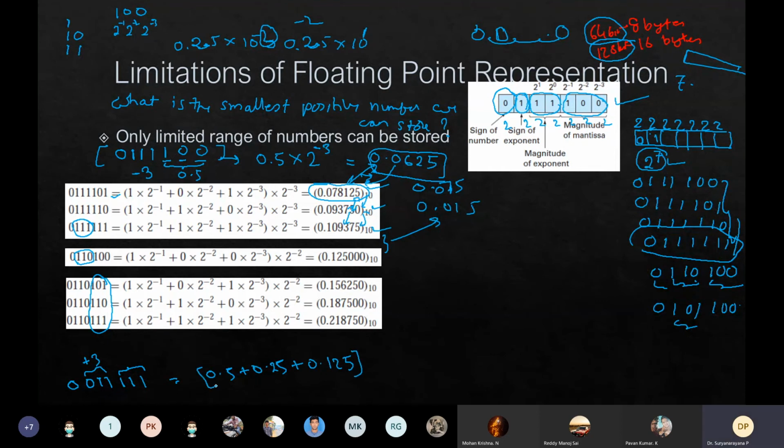Okay, that times 2 to the 3 exponent, 2 to the positive 3. This is 8. Okay, 8 times half is 4. 8 times 1/4 is 2. 8 times 1/8 is 1. So this is 7.